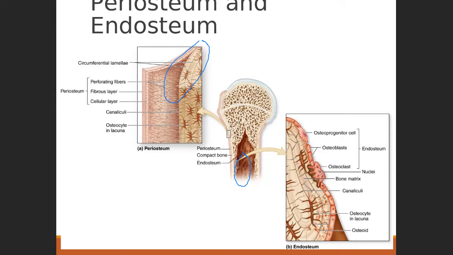The endosteum, however, we find osteoblasts and osteoclasts. So we have the cells in place there to deposit minerals and withdraw minerals. So it's the endosteum that takes on more of a metabolic role, particularly as we described calcium being deposited and withdrawn into and out of the bone.